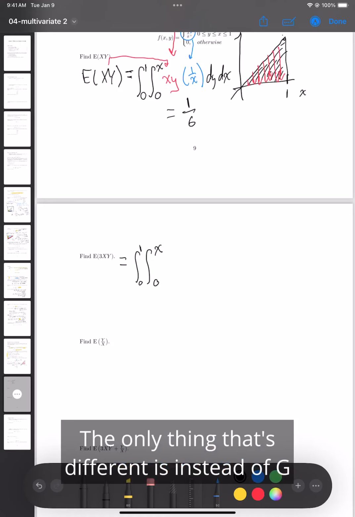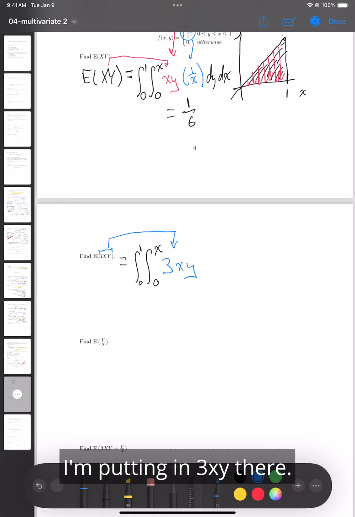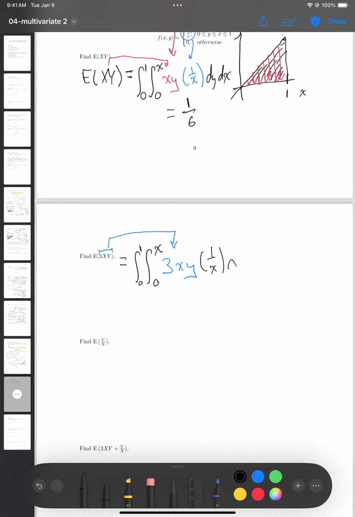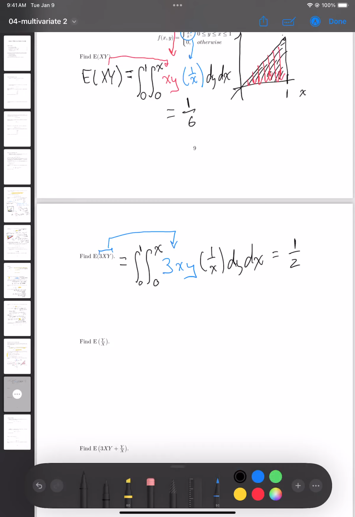The only thing that's different is instead of g of XY being equal to XY, I'm putting in 3XY there. And then I am still weighting by 1 over X, dy dx. If you compute that, it turns out to be 1/2.